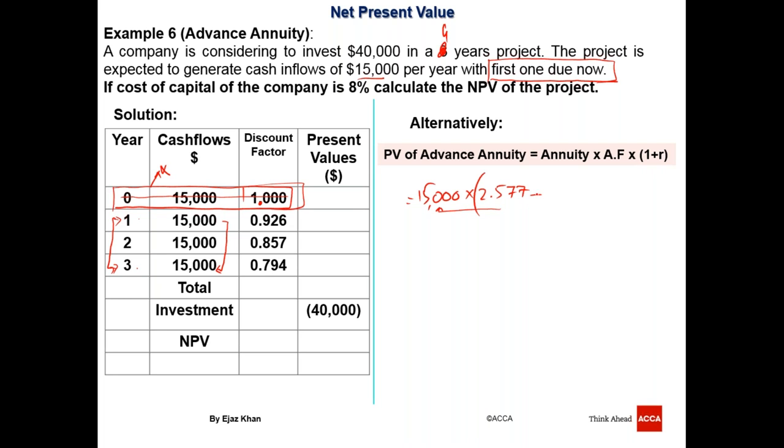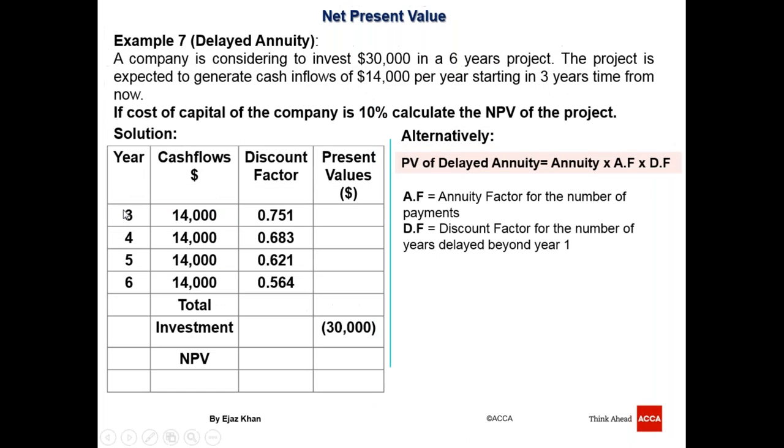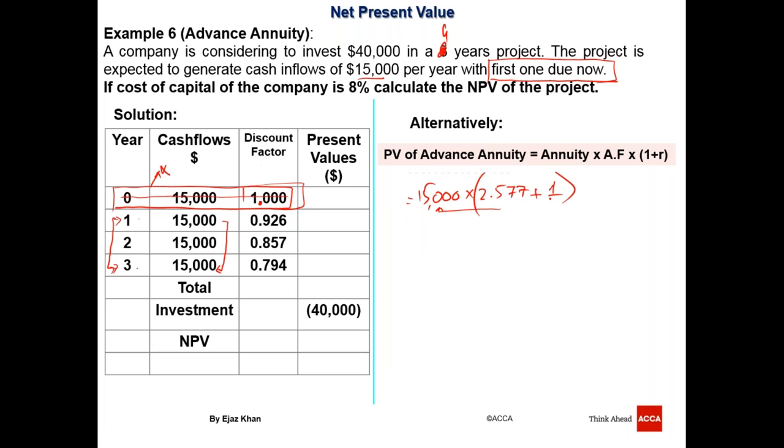So we'll just add 1 for this point 0 cash inflow. Whenever we are supposed to receive a cash inflow immediately, we'll just add 1 to our NPV factor.